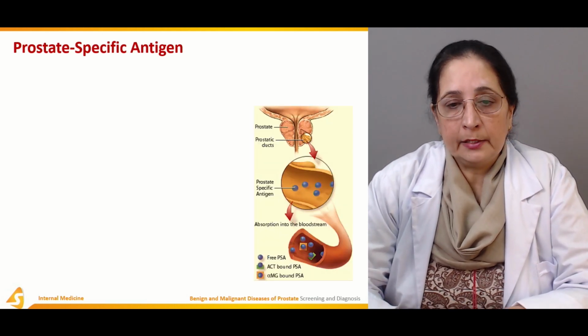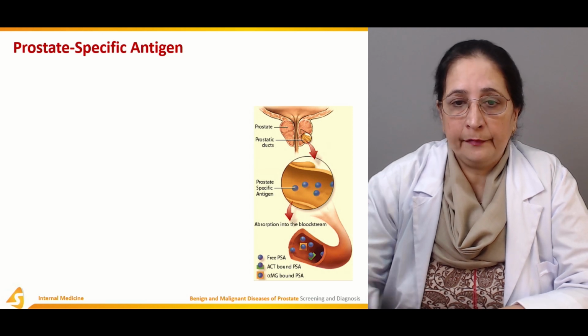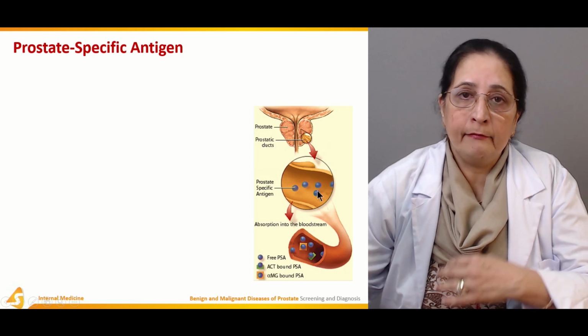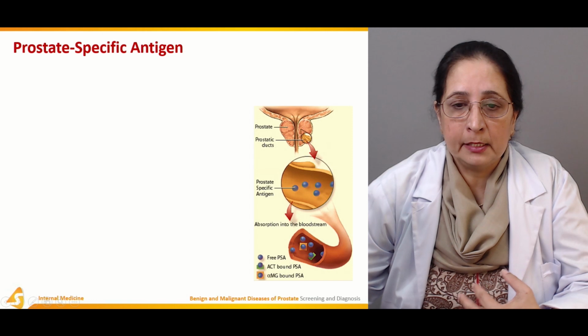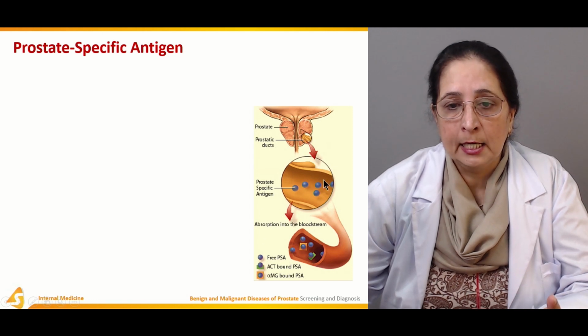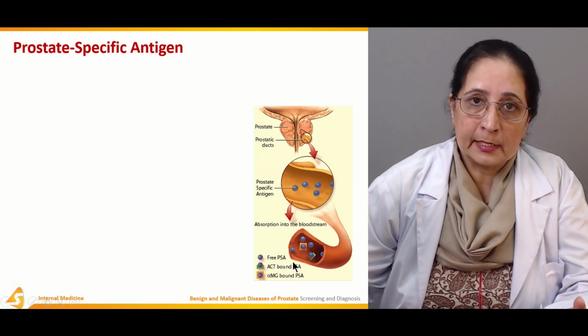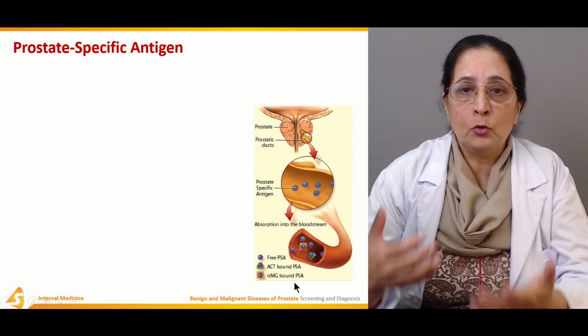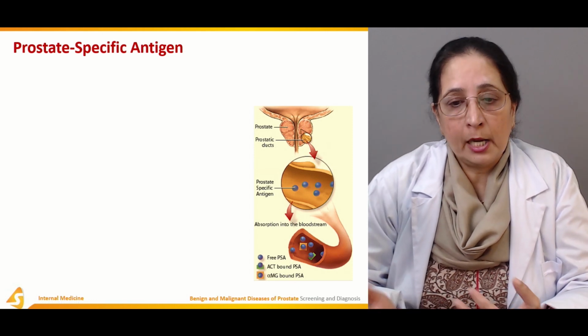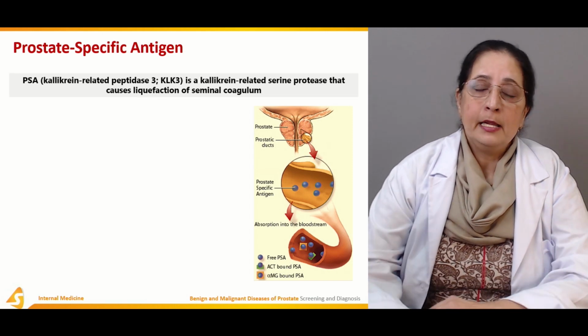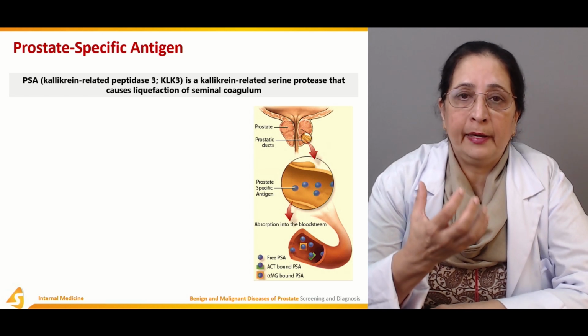Then prostate-specific antigen. Prostate-specific antigen is produced by the prostate gland, and an increased level indicates the presence of an abnormality. This is the normal prostate-specific antigen that is absorbed into the bloodstream. It can be in the free form, or it can be bound to ACT or alpha-2-macroglobulin.